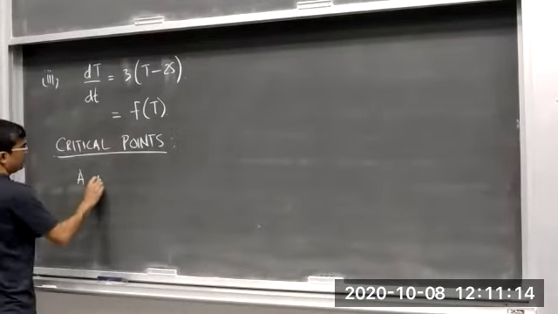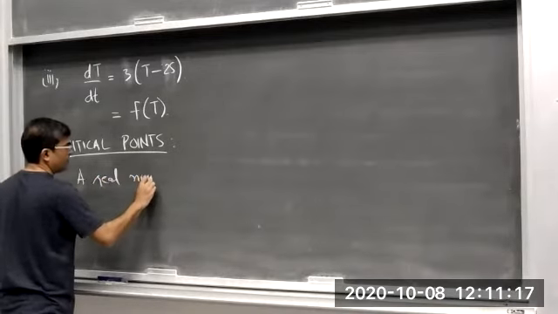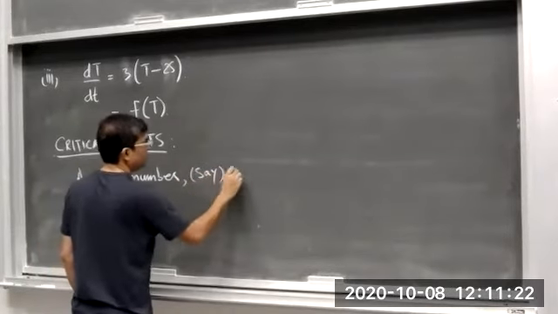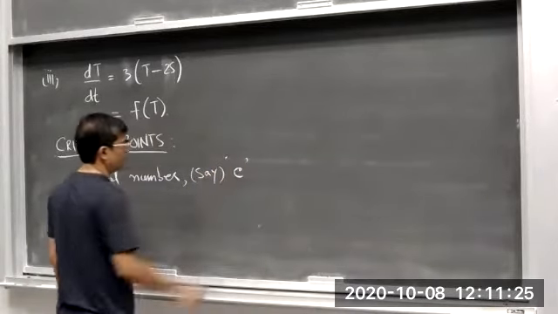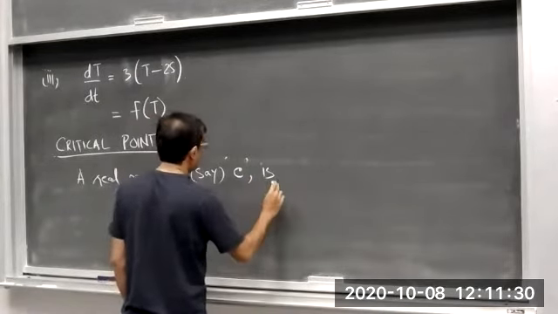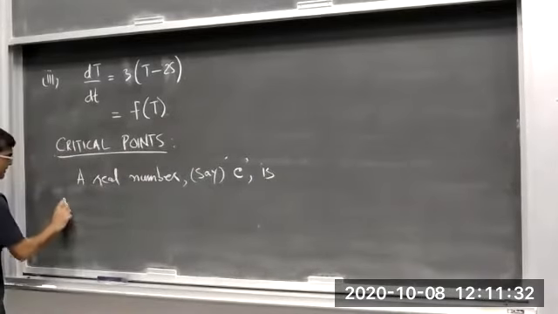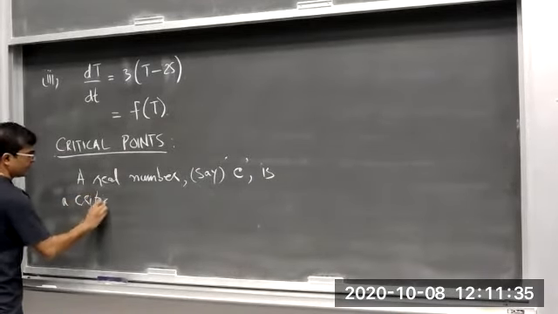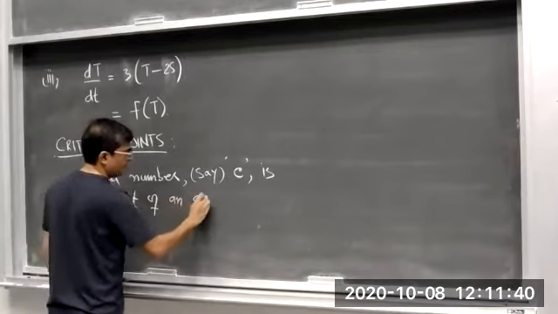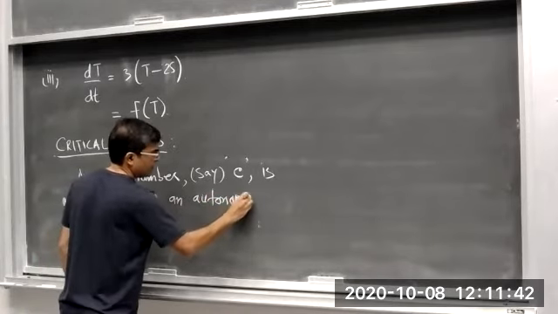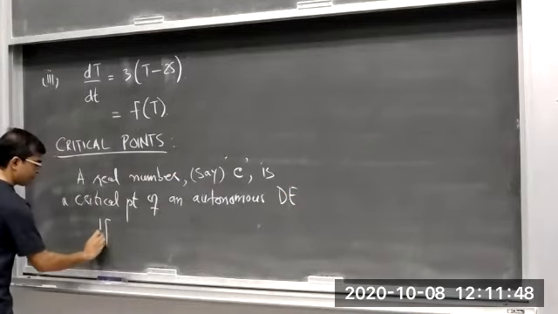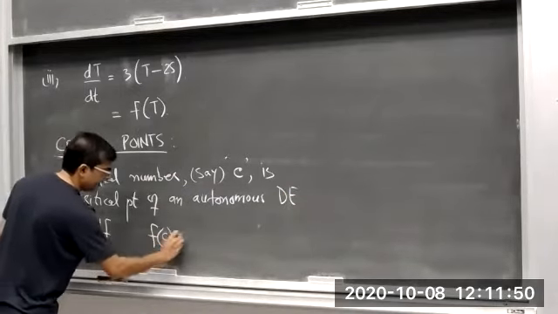A real number, say C, a constant maybe, is a critical point of an autonomous differential equation if f of C is 0.